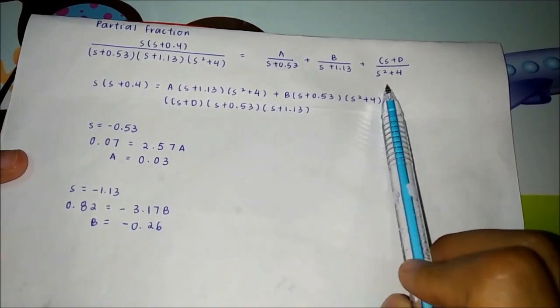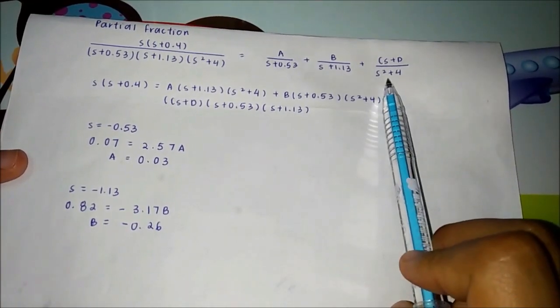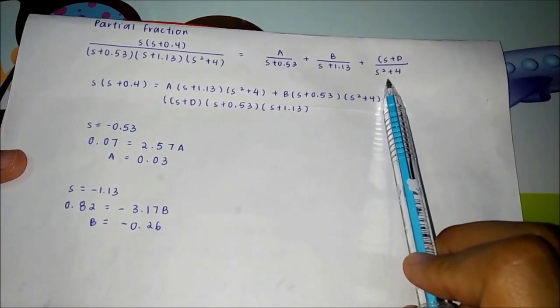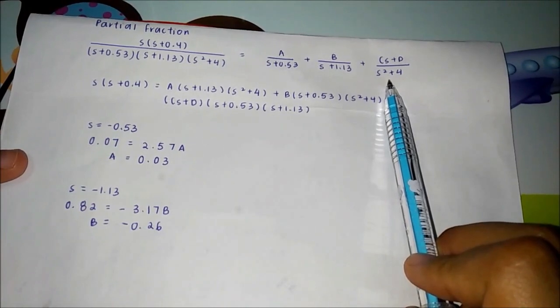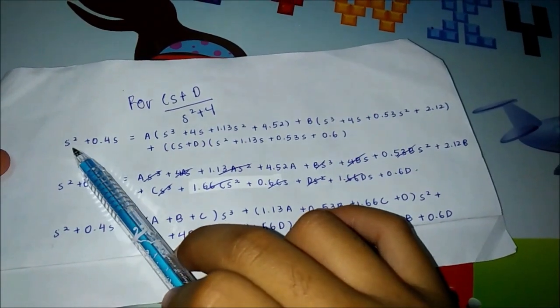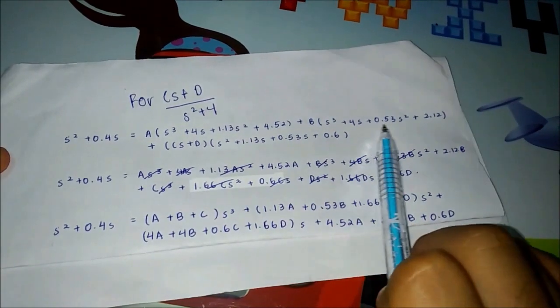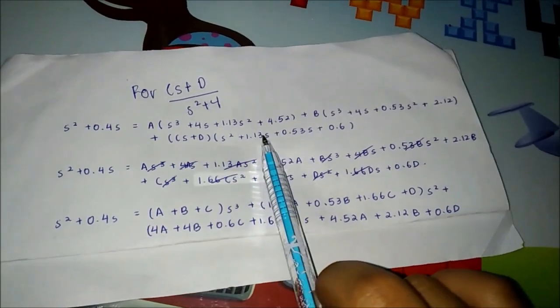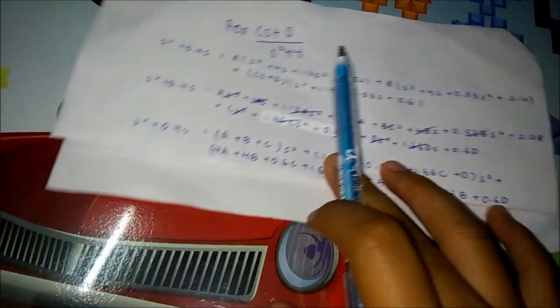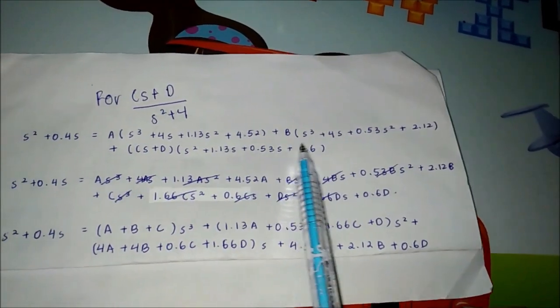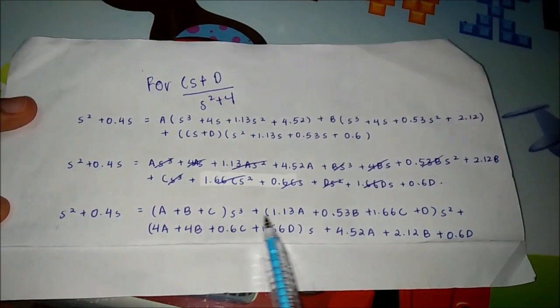We don't know how to find Cs plus D, so we use comparison of coefficients. We arrange our partial fraction again, and after we arrange, we've got this.